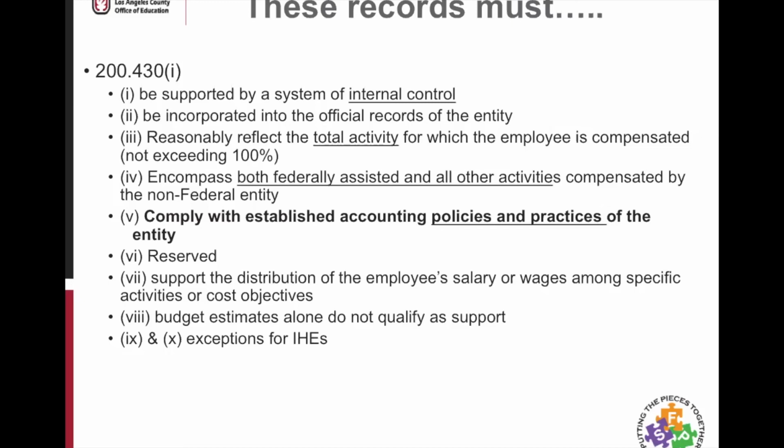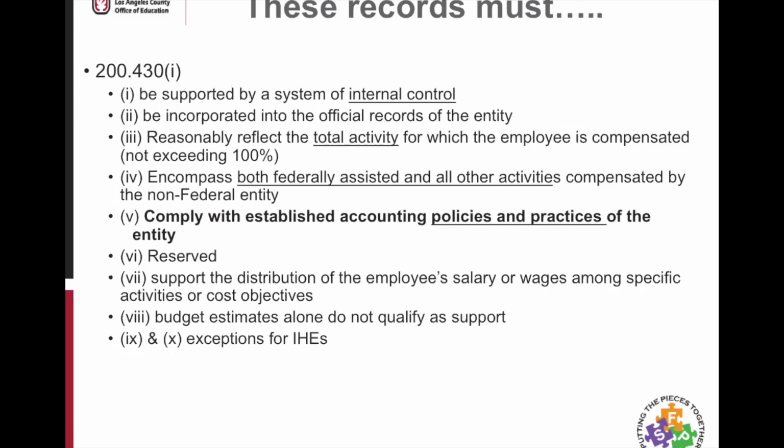Also it has to comply with your, and this is where the policies and procedures come in, it needs to comply with established accounting policies and practices of the entity. And this one, reserve, means they never figured out what they were going to put there, and it stayed that way. So we ignore that one. It needs to support your distribution of your salary and wages among activities or cost objectives.